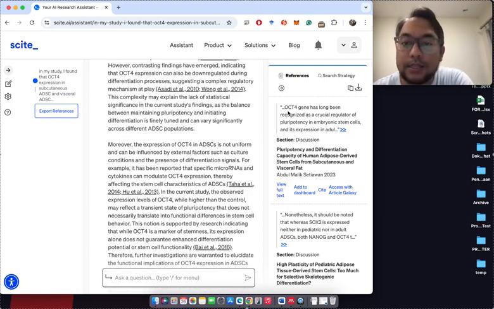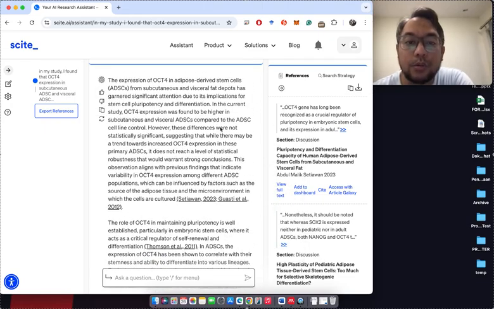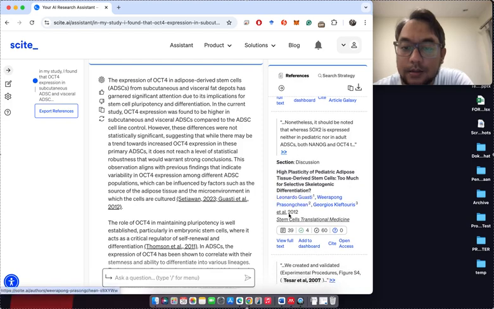But you can see that the AI shows the part of the study that they cite, like pluripotency and differentiation. Optimal for gene has long been an exclusive regulator. This is the exact sentence, and I think they paraphrase it, right? It's not the same.